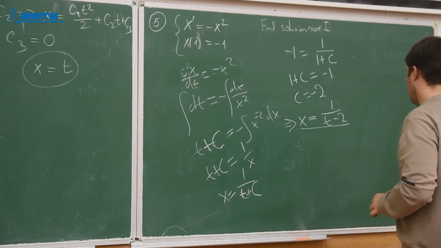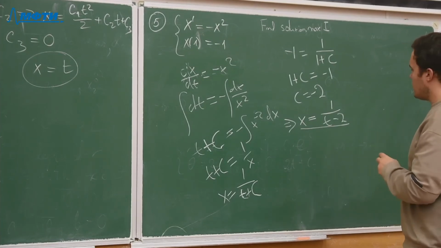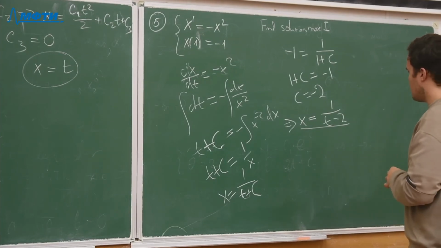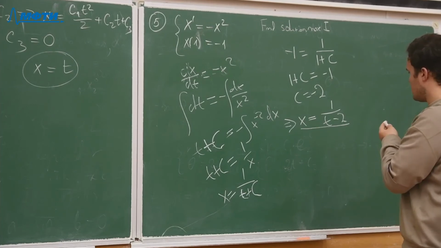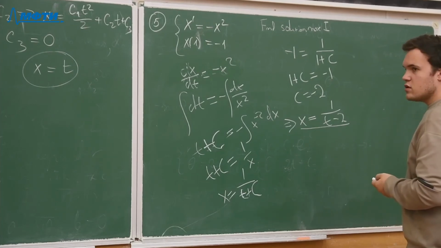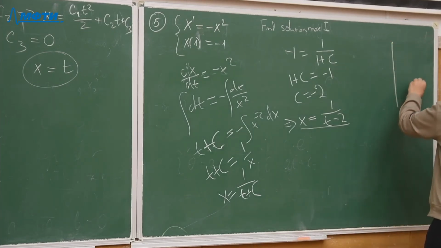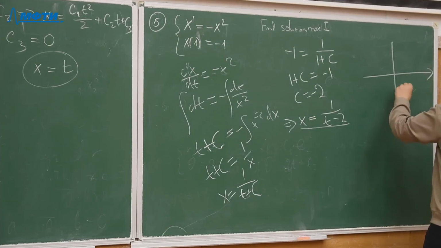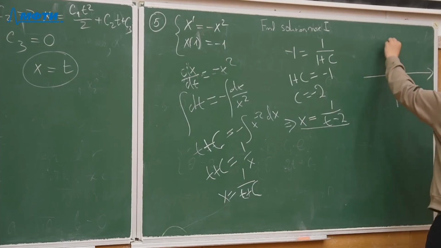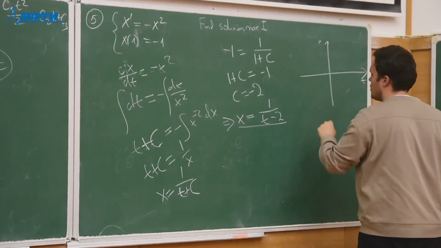So it's similar to what we did in class. So it's hyperbolic, with an asymptote at 2. Hyperbolic, correct. So it stops at 2. T equals 2 is an asymptote, but the problem is to take the left-hand part or the right-hand part.